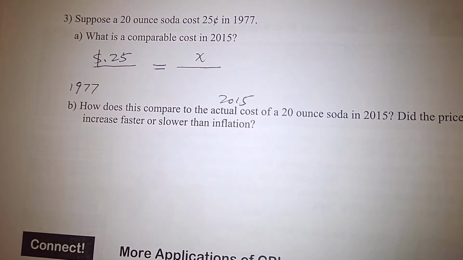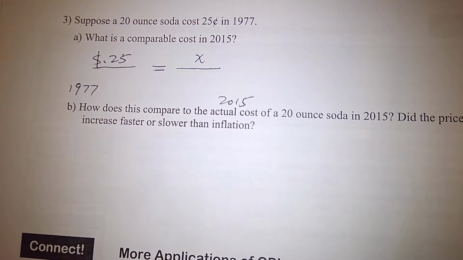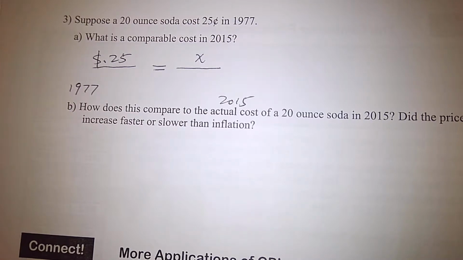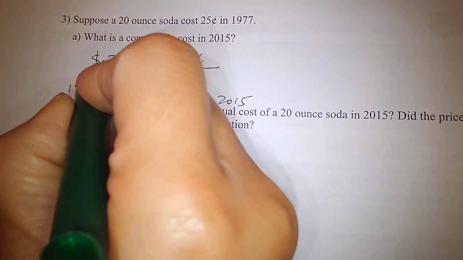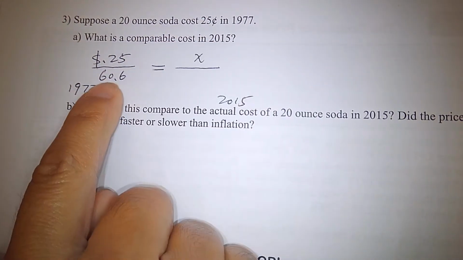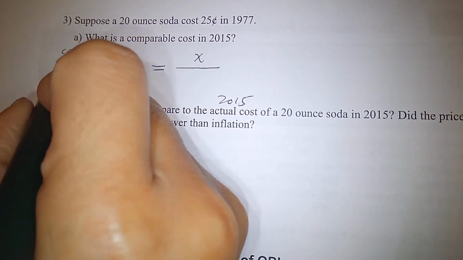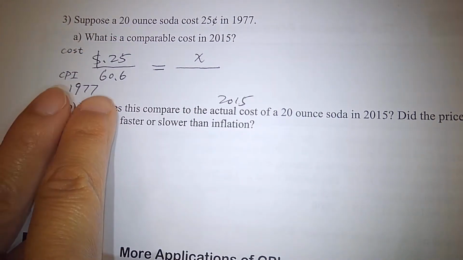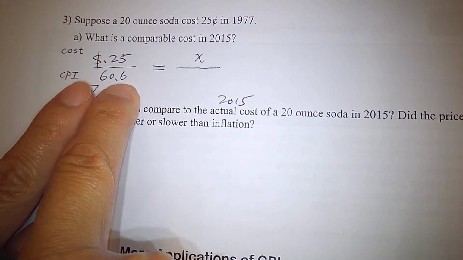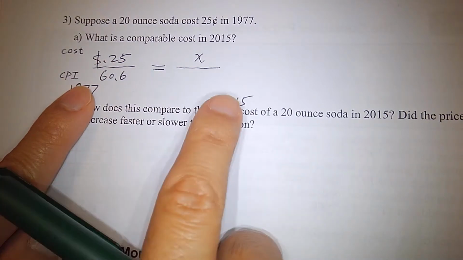Let's check our CPI table. Check your CPI table. Give me a number. 1977 CPI? 60.6. So this is a CPI. Okay, this is a cost on the top, and then this is a CPI on the bottom. 60.6, the CPI.